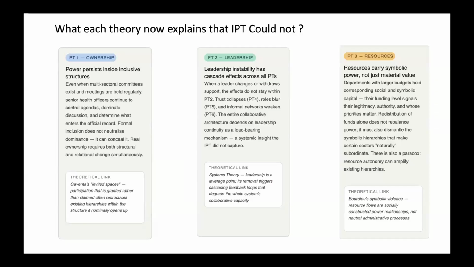Now, you might ask, in the realist approach, what's the final outcome? In a realist approach, the final outcome is always a middle range theory or a refined program theory, which explains in a much better way how the intended intervention tends to work, or your research question. For example, mine was on how power dynamics influence intersectoral collaboration.